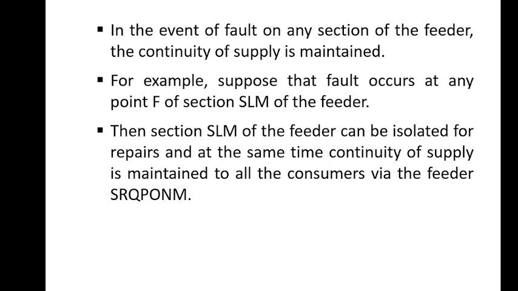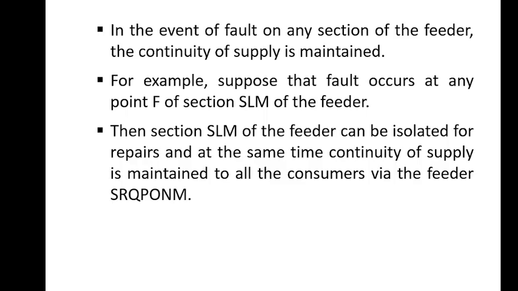All right, this slide describes the fault handling capability of a primary ring distribution system and how it ensures continuity of supply. In the event of a fault occurring on any section of the feeder, the system can maintain uninterrupted service to customers.